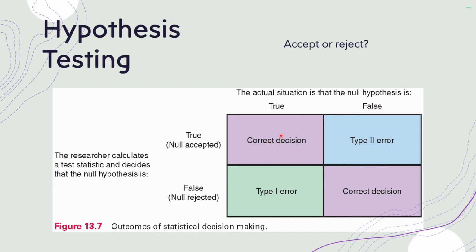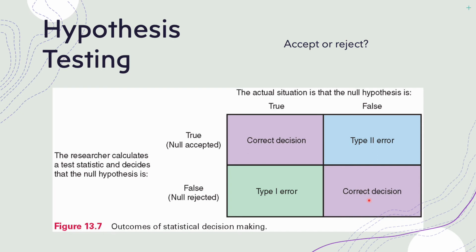And you can see that you have a correct decision if it's true, the null is accepted, and you're true here, that's a correct decision. And then, if the null is accepted and it's false, that is a type 2 error. If it's false and the null is rejected, but it's actually true, it's a type 1 error. And if it's false and the null is rejected and it is false, that's also a correct decision.